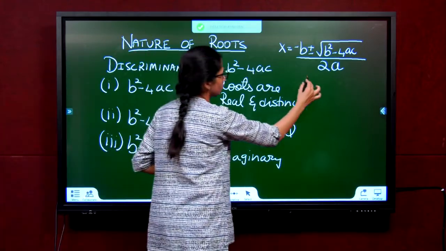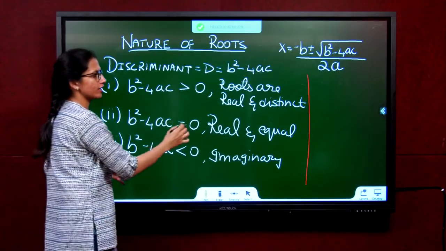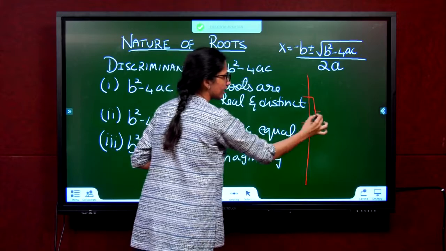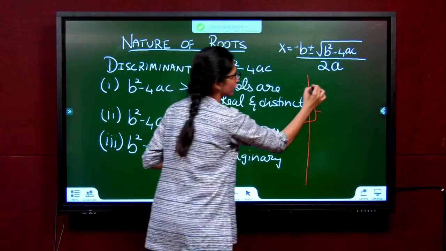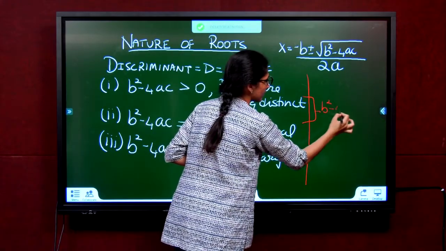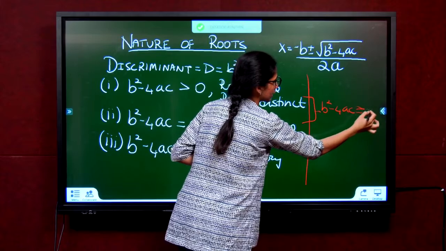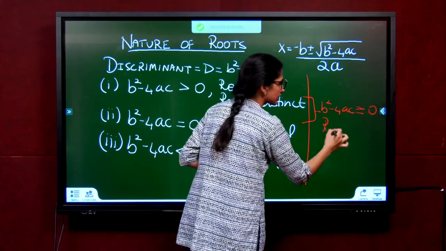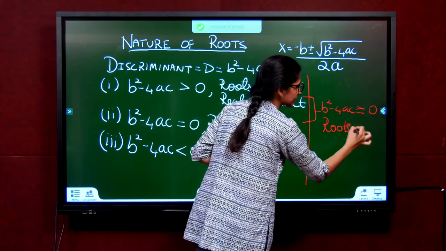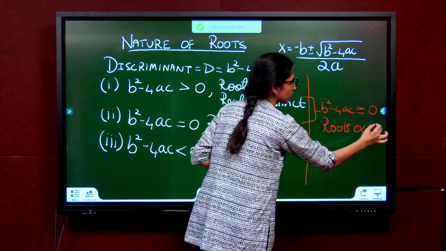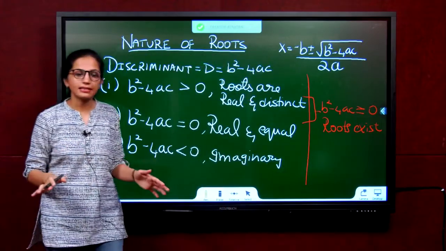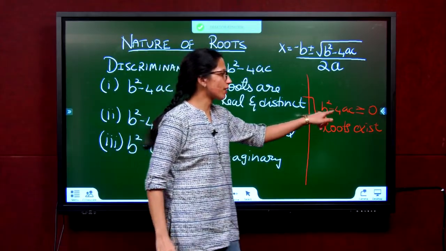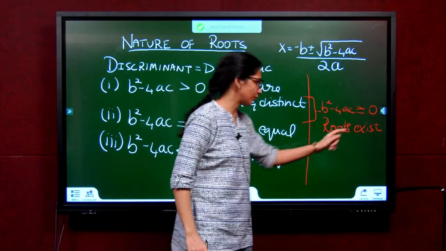But one small conclusion over here, combining 1 and 2, can I say if b square minus 4ac is greater than or equal to 0, roots exist? That means for the roots to exist, you have to check if b square minus 4ac is greater than or equal to 0.